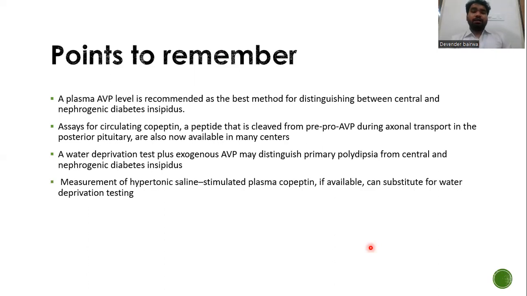Suppose we are depriving somebody of water, this water deprivation test is a long test. We will discuss this in one of our endo lectures, how it is done. To save time, rather than depriving the patient of water, we can give hypertonic saline, so that the plasma osmolality can be increased rapidly, and then we can see the ADH response.